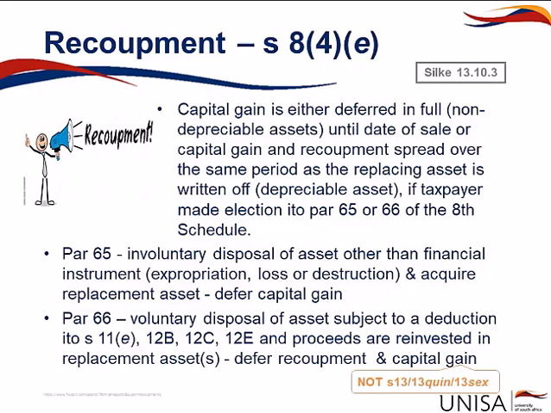What is important to note is that under paragraph 65, we could defer even with a Section 13 or 13 quin or 13 sex. However, with a paragraph 66 where it's a voluntary disposal, you do not see those sections listed, therefore it would not apply to any of those immovable property allowances.